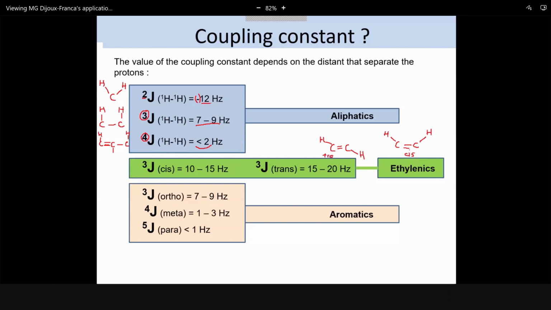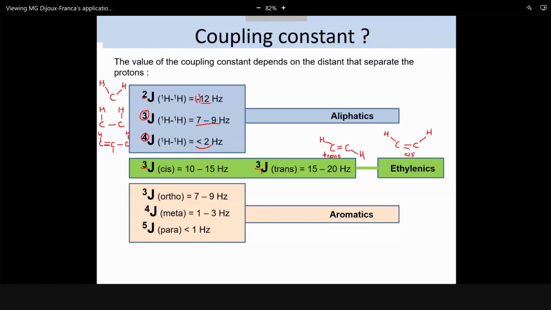So the value of the coupling constant will be different in each molecule. And that's important because just by measuring the coupling constant, we will be able to say we have a trans configuration or a cis configuration, even if both of them are J3 coupling constants.